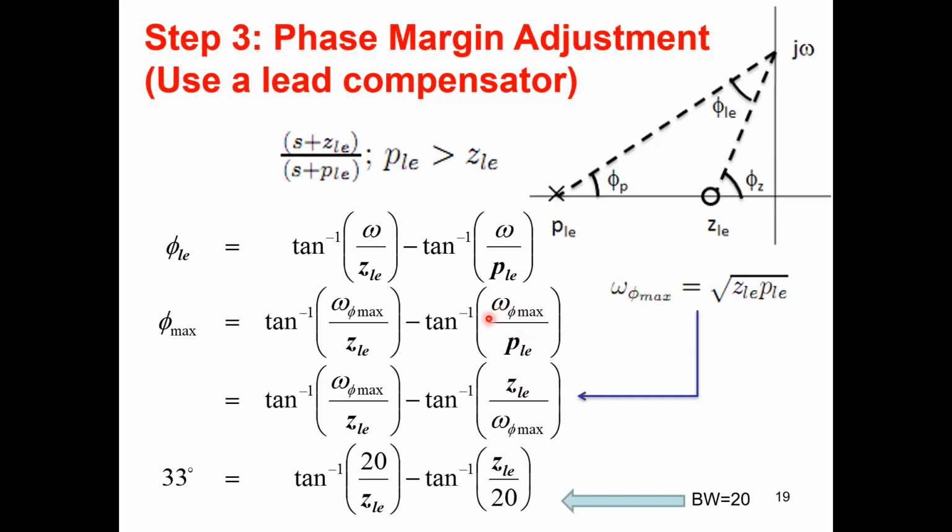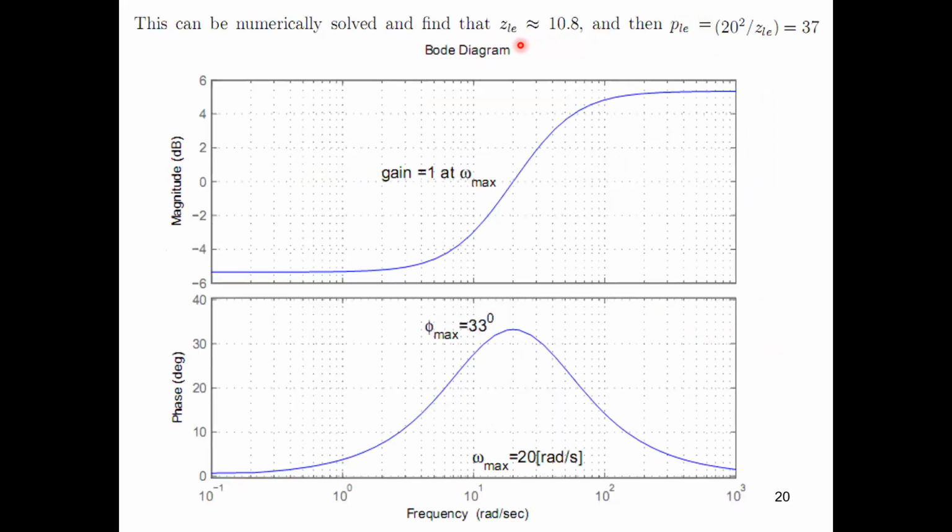Then you have this expression on the left hand side, and on the right hand side it will be ZLE over omega phi max, the remaining one comes over like this. Now this equation is single variable, right? All the other things are known. So you can calculate ZLE using a numerical technique. And when you do that, I can give you the answer. The answer is 10.8.